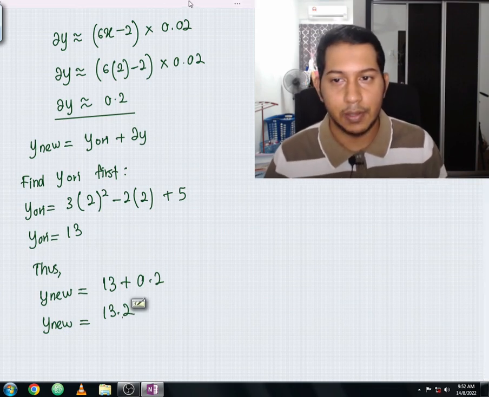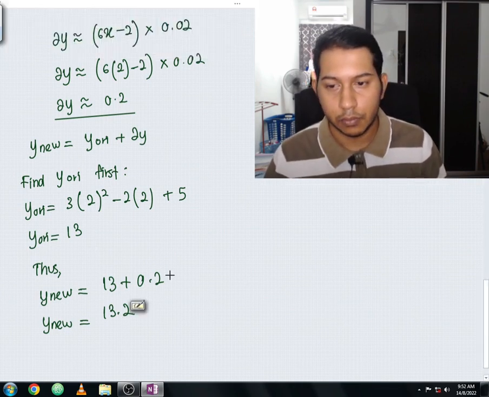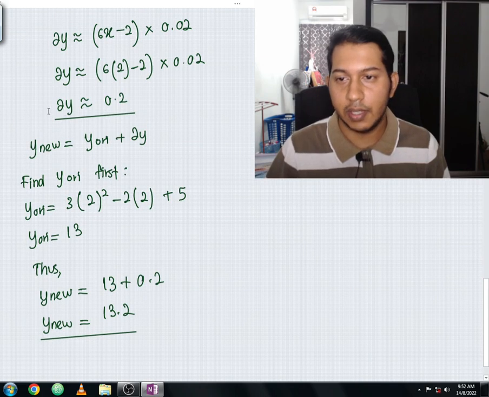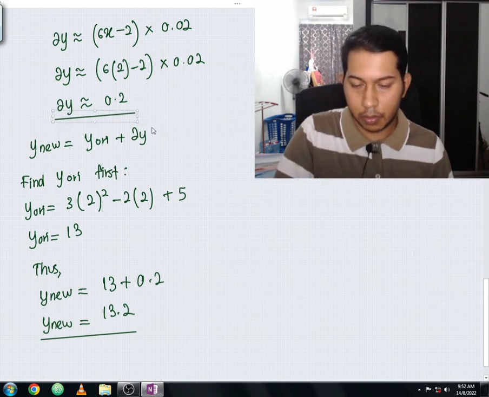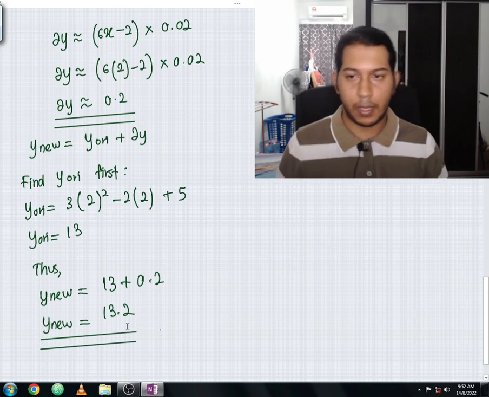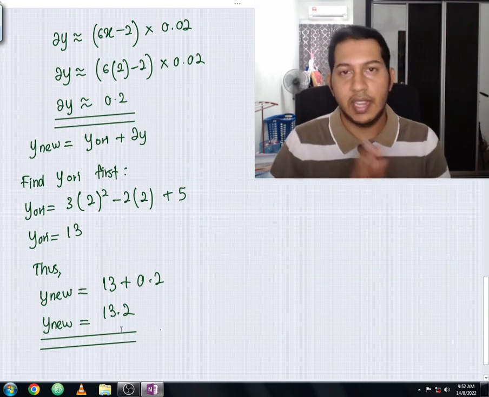Let me underline the solution. There are a total of 2 solutions here, guys. First, the solution for the small changes in y, and then the new y value. So that is all.